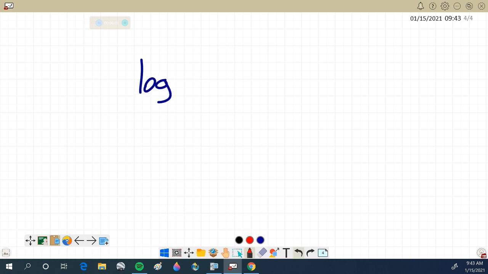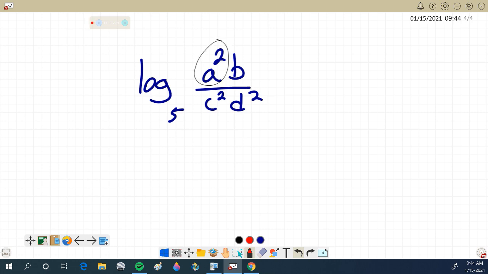What if I had log base 5 of a squared b over c squared d squared? Everything on top is going to get a positive logarithm, and everything on bottom is going to get a negative logarithm. And I need to apply the power rule here, here, and here.